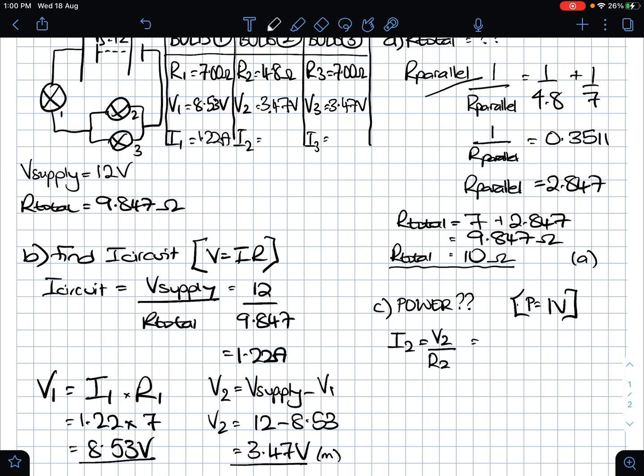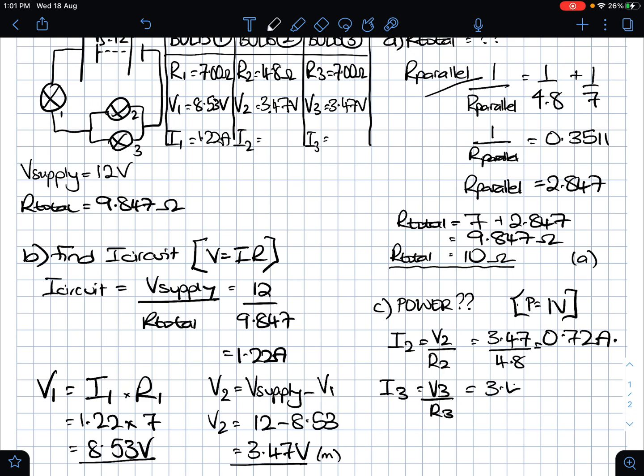So the voltage through bulb 2 is 3.47 divided by 4.8, which gives us 0.72 amps, and the current through 3 is the voltage over the resistance of that component.